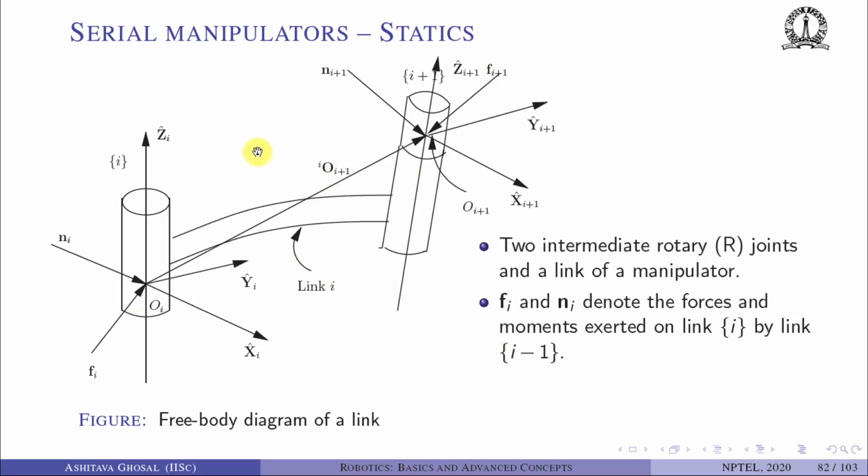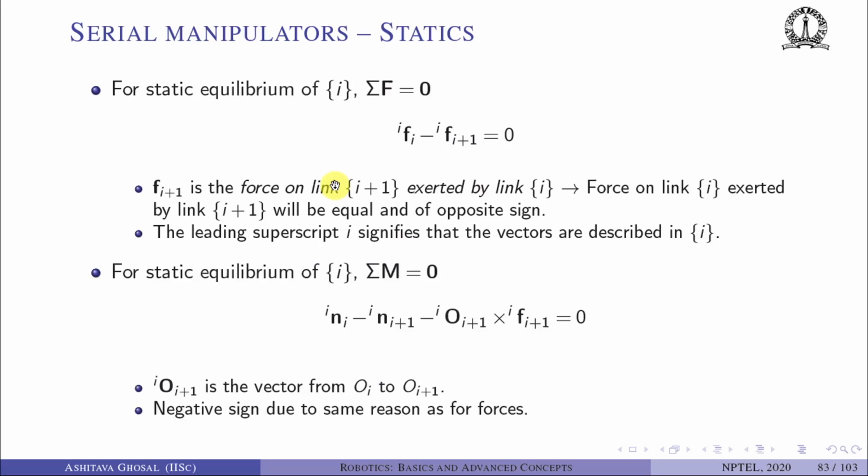Okay, so this is like standard undergraduate statics. So the moment due to a force is r cross that force. Cross means cross product. Okay, so here also we have O_{i+1} cross F_{i+1}. This minus sign again comes from the fact that F_{i+1} is the force acting on link i+1.